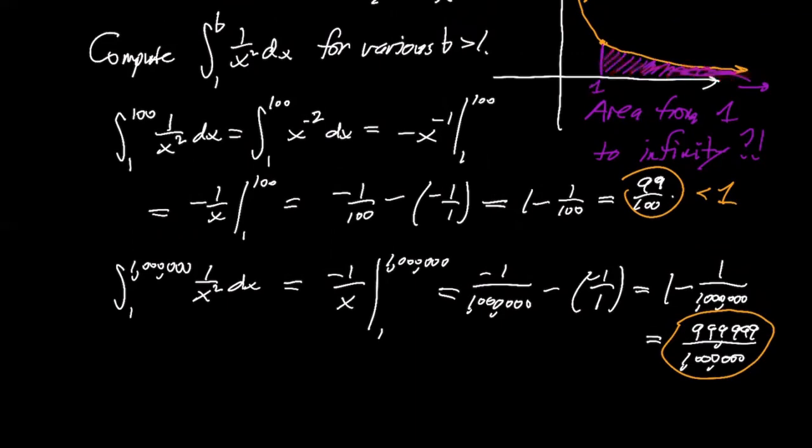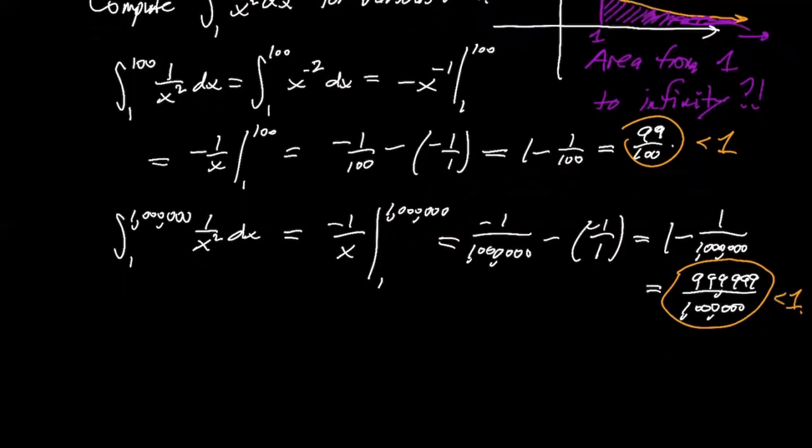But then the area from 1 to a million goes on, way down the page. It's over in, I don't know, New Hampshire or something, depending on which way you're facing. And we still got a number very close to 1, but less than 1. So somehow even going from 100 to a million didn't get us enough area to get over 1, right?